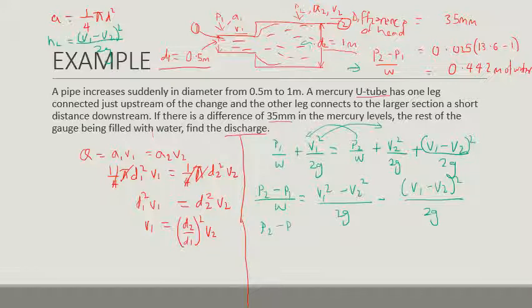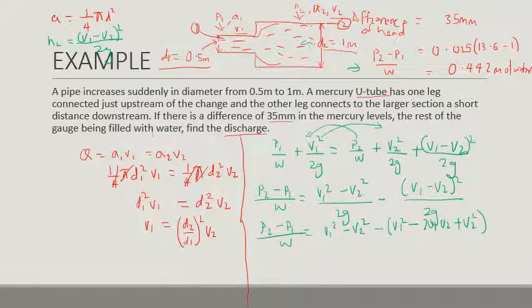P2 minus P1 over W will be equal to V1 square minus V2 square minus into bracket V1 square minus 2V1V2 plus V2 square.